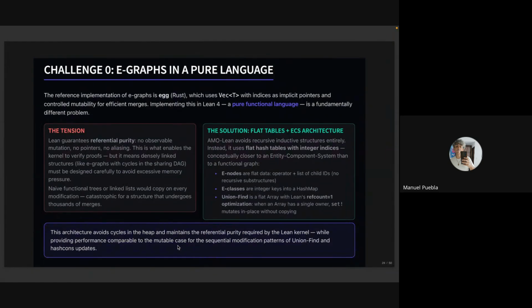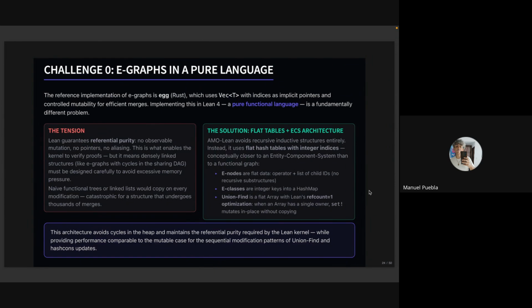And the way egg works is that it uses pointers. They use that because they can, and it's a neat way of keeping track of things. But for us, this is not so easy, because pointers and memory usage can be controversial, or at least for me. So we had a solution, because we're not going to use pointers, we're going to use flat tables.